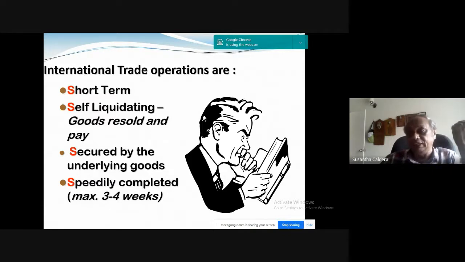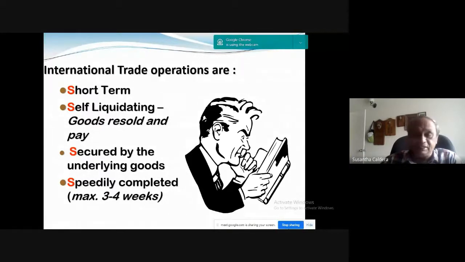And self-liquidating. Self-liquidating in the sense we import goods and we sell the goods and pay the loans. Self-liquidating, right? Secured by the underlying goods. Even if we can't sell it, at least the goods are there. Secured by the underlying goods and speedily completed.